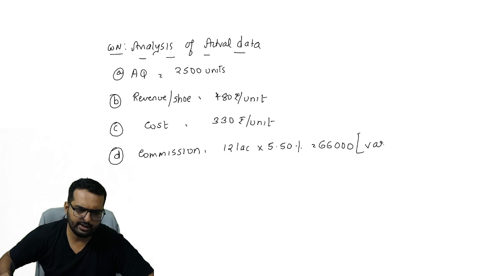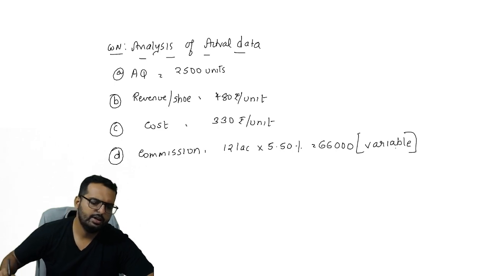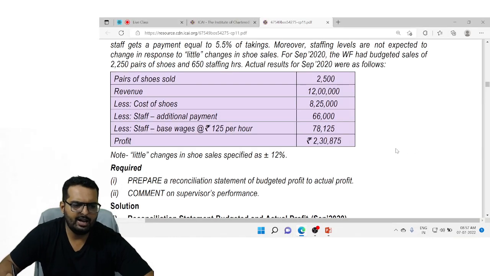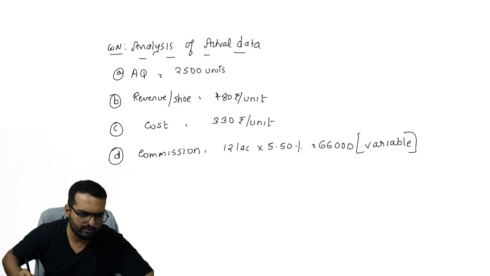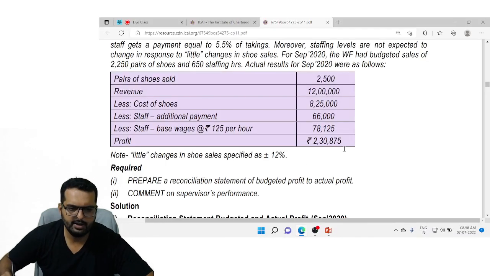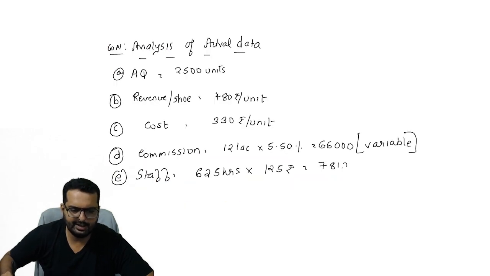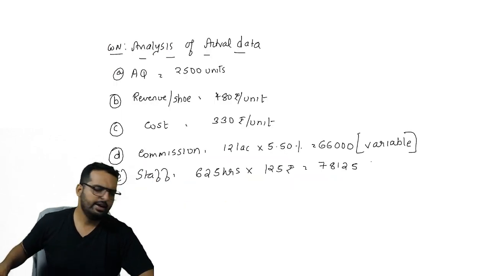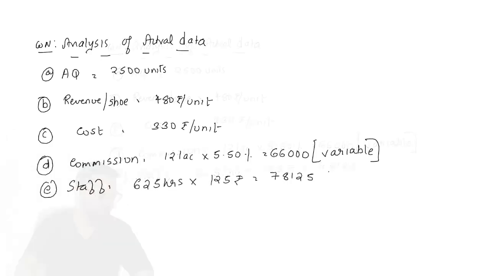Now the commission is what expense, variable cost or fixed cost? It is a variable cost. And the last one is fixed cost, shown to be 78,125, but it is at the rate of 125. So that's 625 hours. So staff, it will be 625 hours into 125 rupees, which turns out to be 78,125. Everyone write down this in your books now.